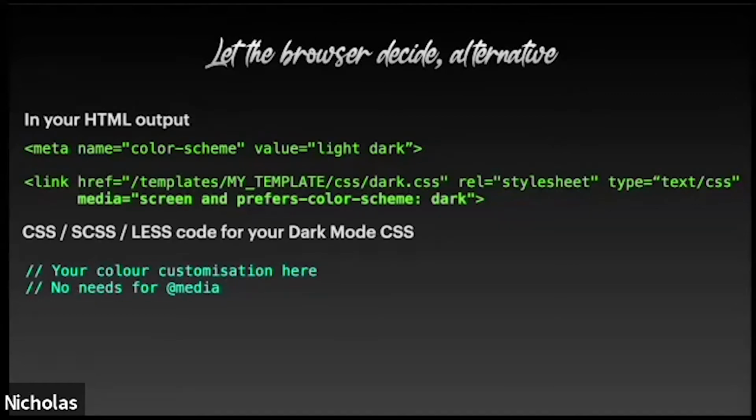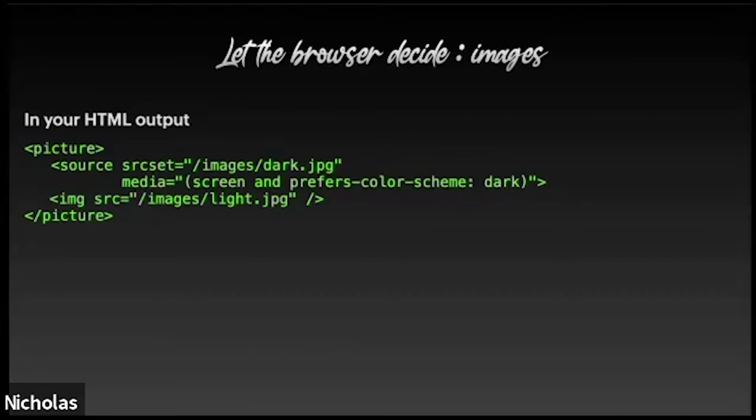And people are more likely to be awake and using their devices in the morning when there is light. So by default, for most users, you're only loading one CSS file, the light mode, and if they come with dark mode, then you also load another file. For this mode, you can also let the browser decide which kind of image to load.